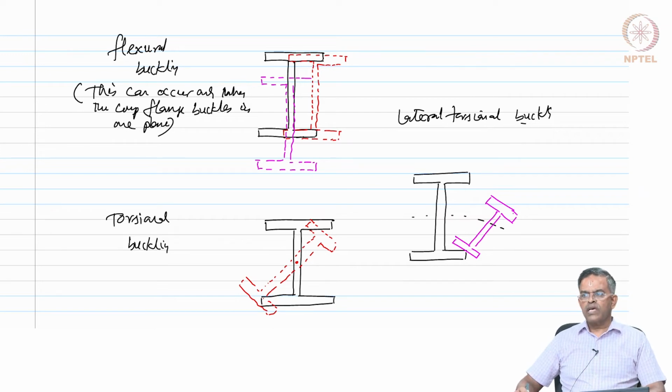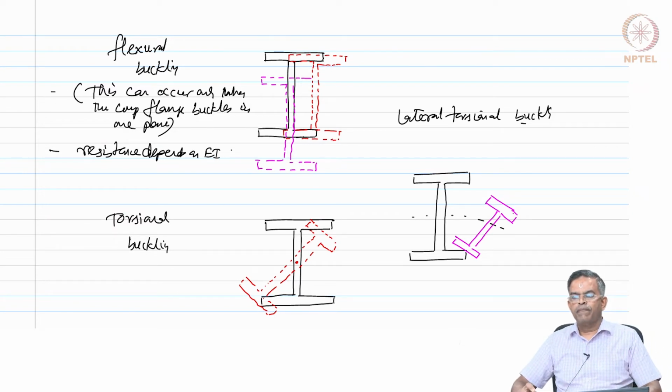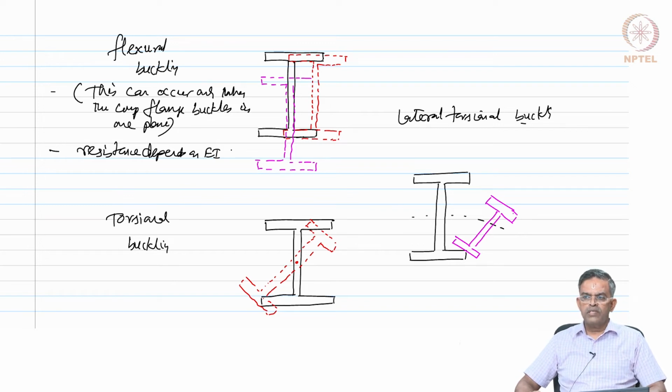Resistance of the beam to this kind of buckling depends on EI, the flexural rigidity, where I is the moment of inertia of the plane about the plane of flexural buckling.